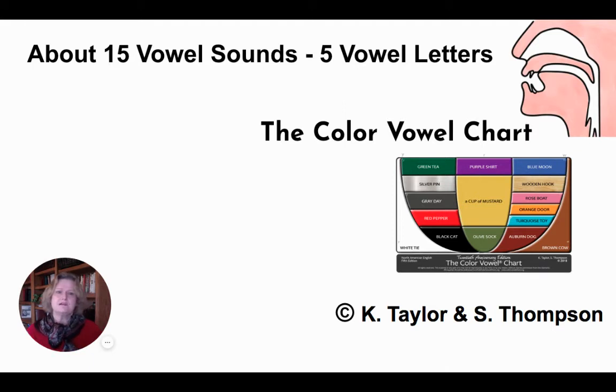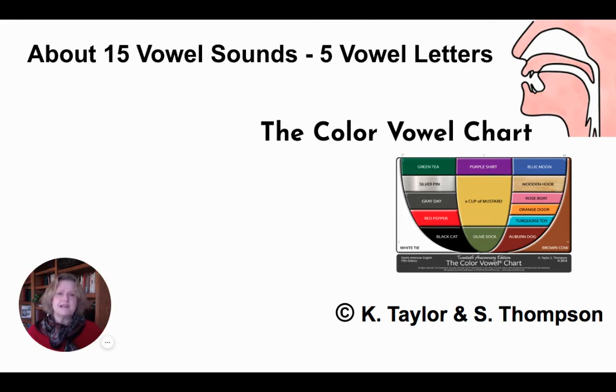You can use the Color Vowel Chart by Taylor and Thompson. I'll put a link to their interactive Color Vowel Chart in the description. And there, when you pull that up, you can actually click on each color and hear how it's said. For example, the green color, green, E. Each color contains the vowel it represents.